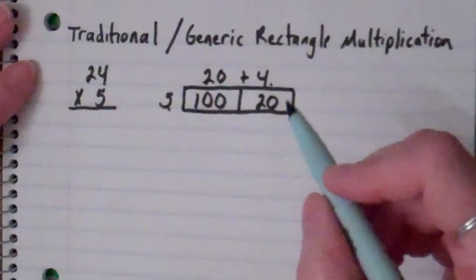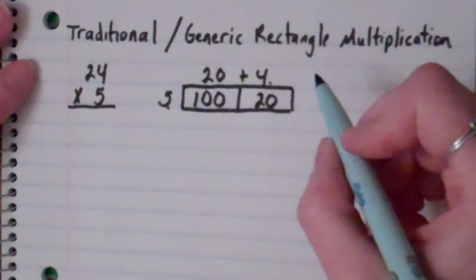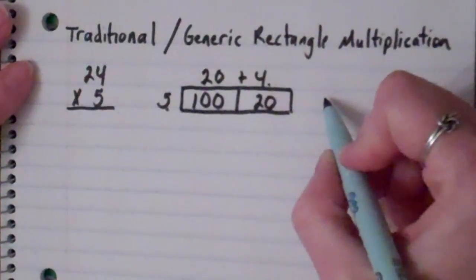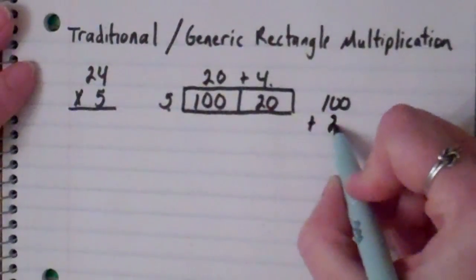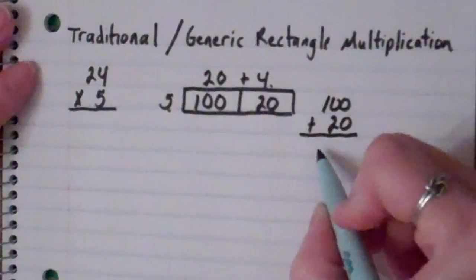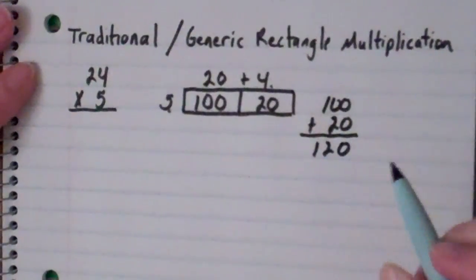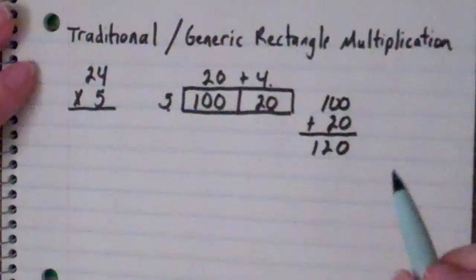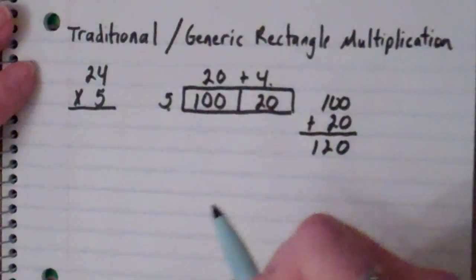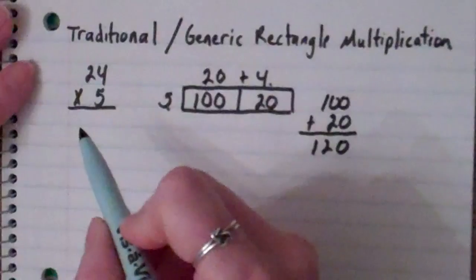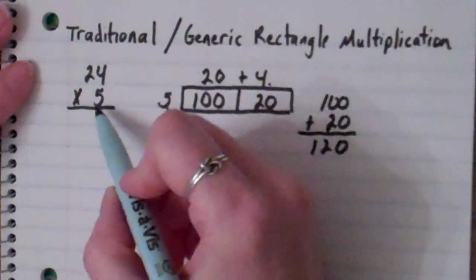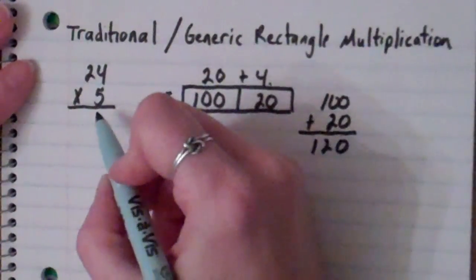Then we add our partial products together to get our complete product. So I'll add 100 plus 20 to get 120. And that's our complete product. Now to check that and to do the multiplication another way, we would use the traditional method. 5 times 4 is 20.